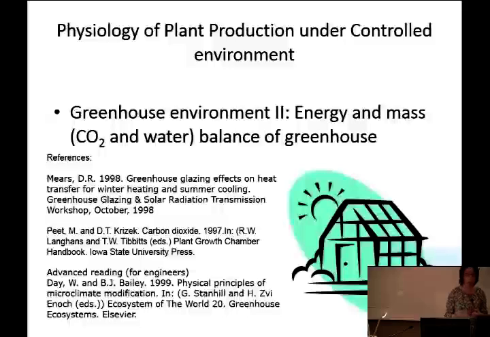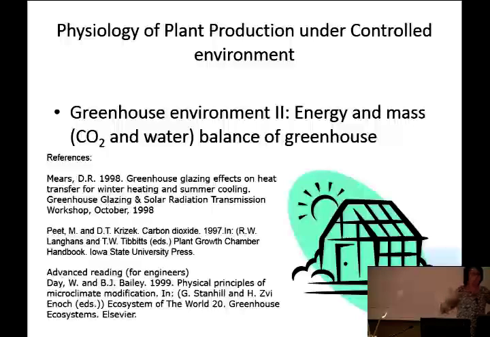The first one is an extension article from Rutgers University talking about glazing and heat transfer. Because today's focus is going to be heat transfer or energy balance, mass balance. The second one is the CO2 environment coming from the Plant Growth Chamber Handbook, which is online material. One of the chapters is the one I'm sharing today.